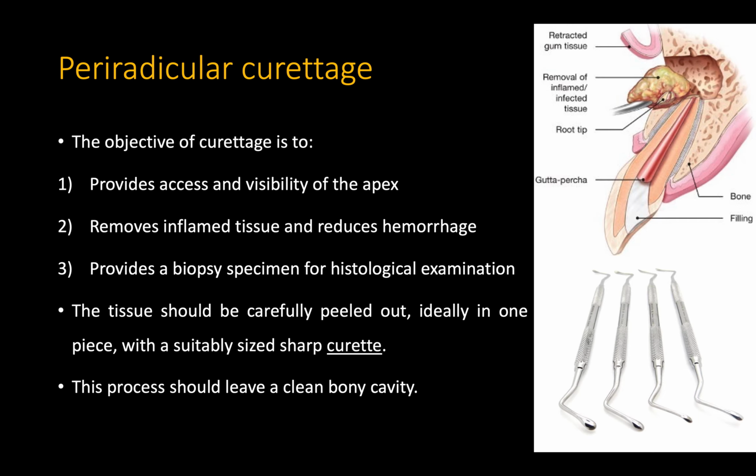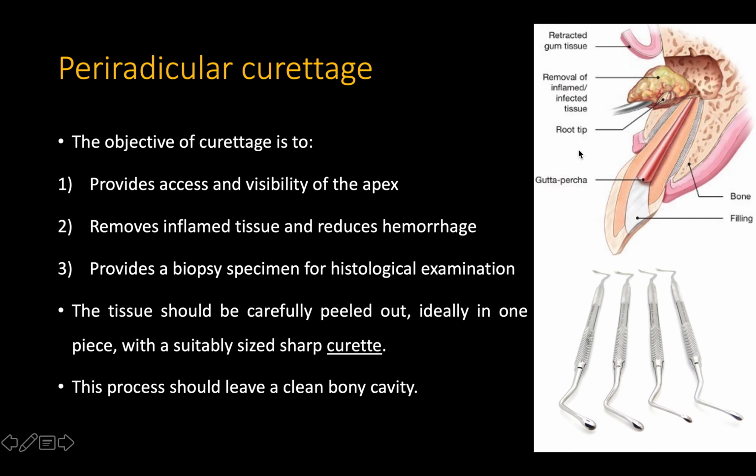So we need to remove this inflamed tissue. And also we need to take this soft tissue as a biopsy specimen for histologic examination, to have an idea about the nature of the periapical lesion.